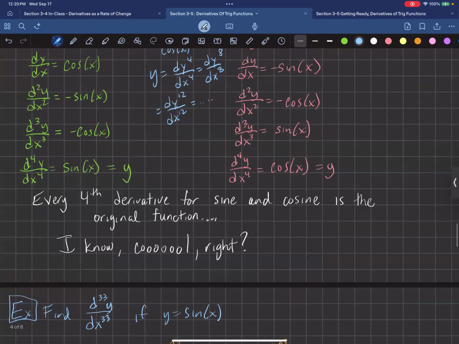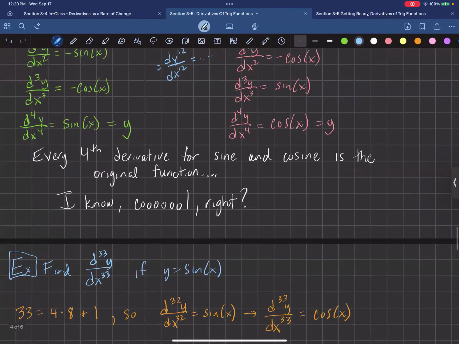We want to find the 33rd derivative of y with respect to x if y equals sine x. So try to figure that out, knowing that every four derivatives is back to the original. All right. So what I did is I found how many times 4 goes into 33. It goes in 8 times.